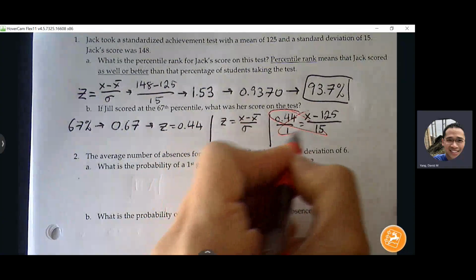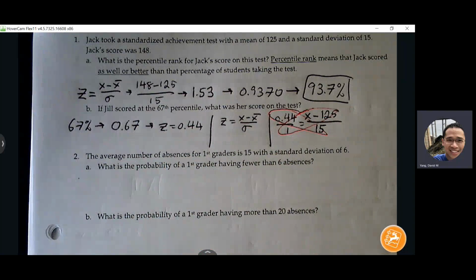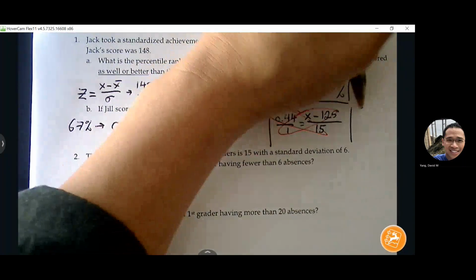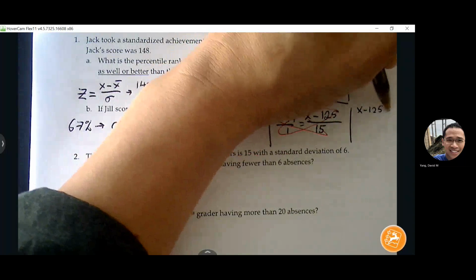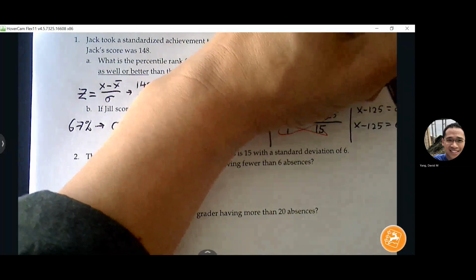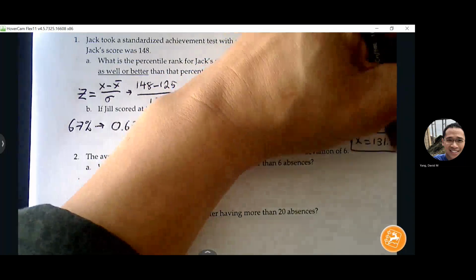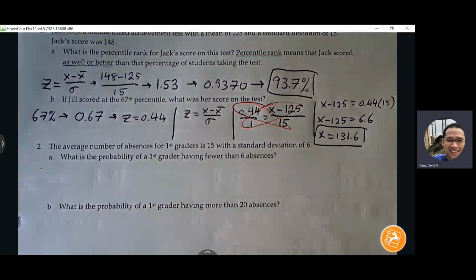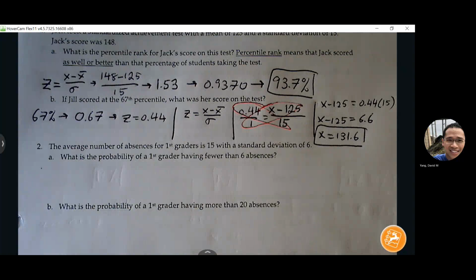Cross multiply. Solve for x. So if Jill scores 131.6 on this test, then she's going to be at that 67th percentile.